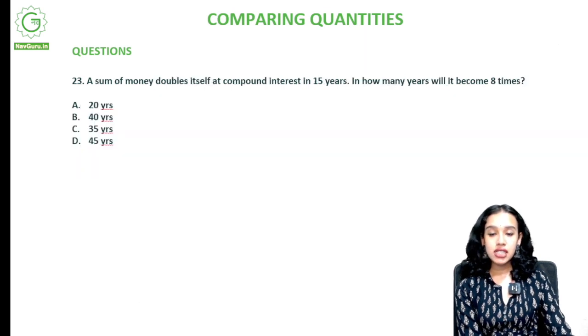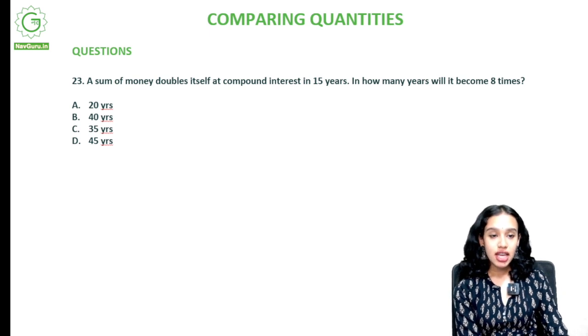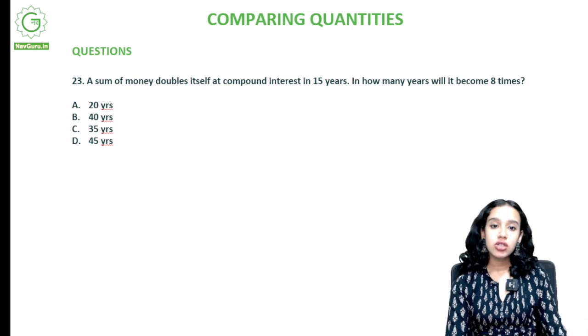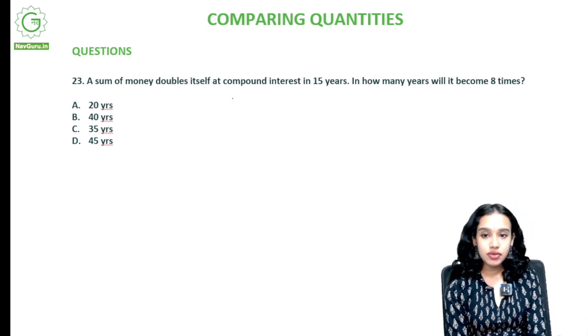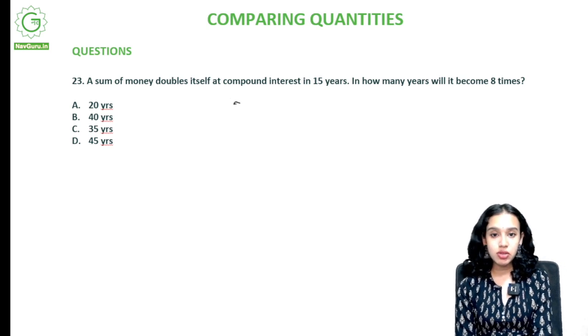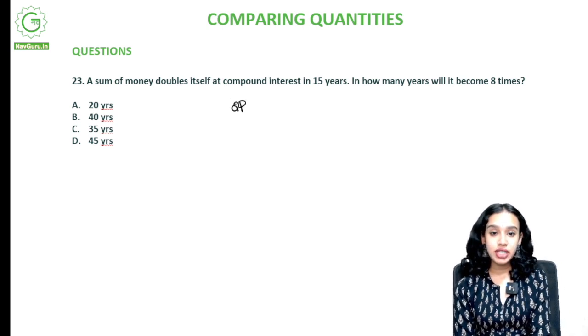Now, a sum of money doubles itself at compound interest in 15 years. In how many years will it become 8 times, right? So, in compound interest, the money doubles itself. So, the principal becomes 2p in 15 years. So, what is the equation of compound interest?